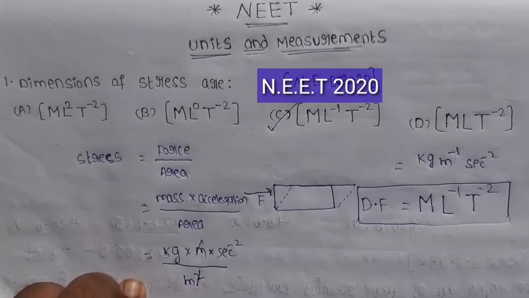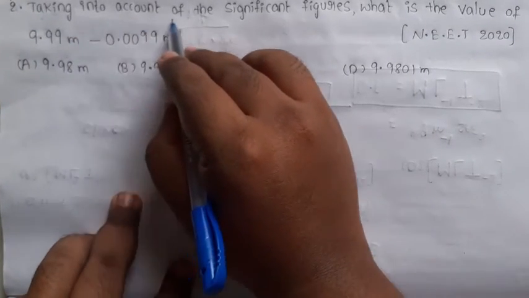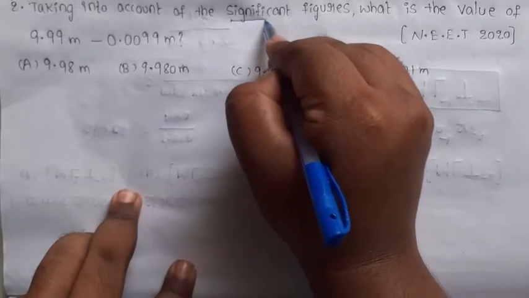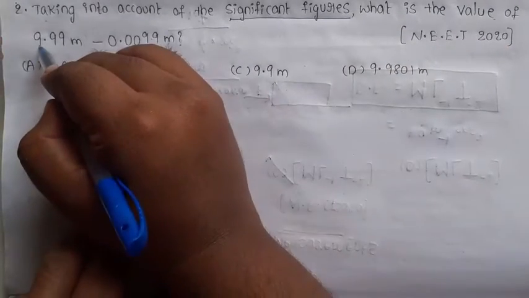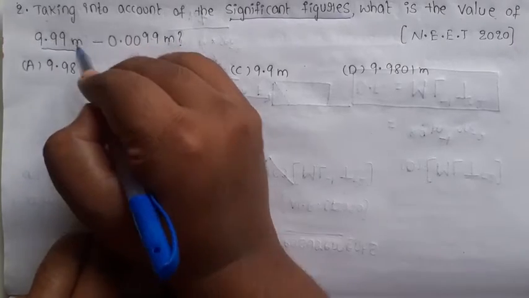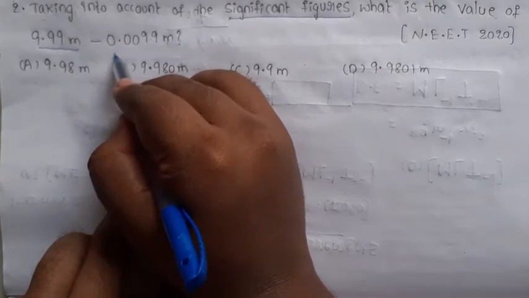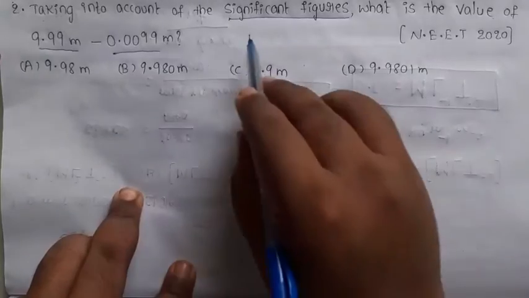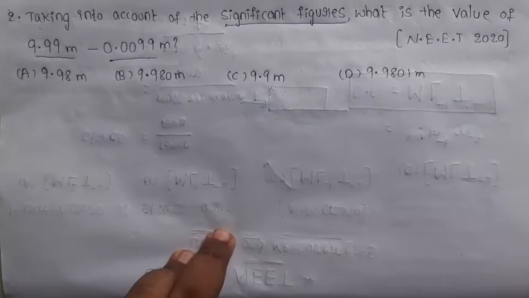Move to next question. Second question: taking into account the significant figures, what is the value of 9.99 meter minus 0.0099 meters? So here the concept is significant figure.